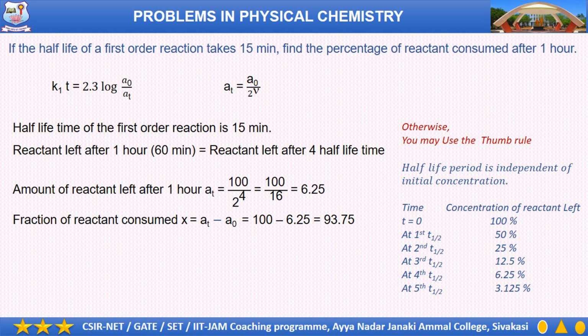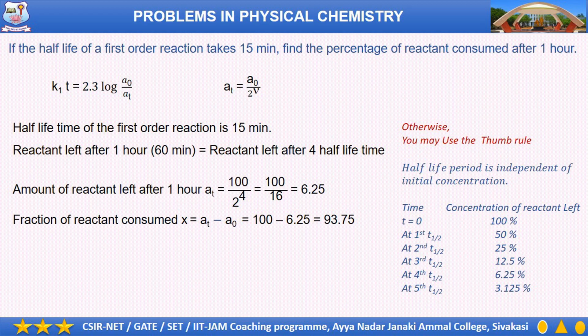Initial is 100%, left is 6.25. Therefore, X is equal to 100 minus 6.25, and the amount reacted is 93.75. You can make use of this type of equation for calculation.